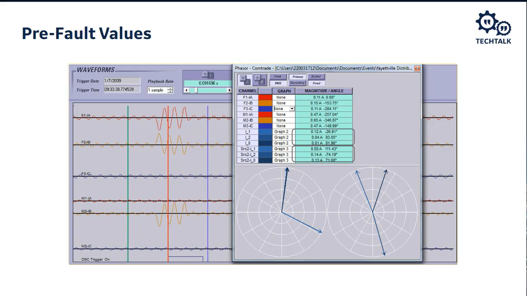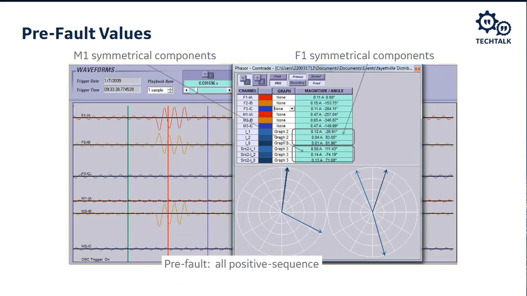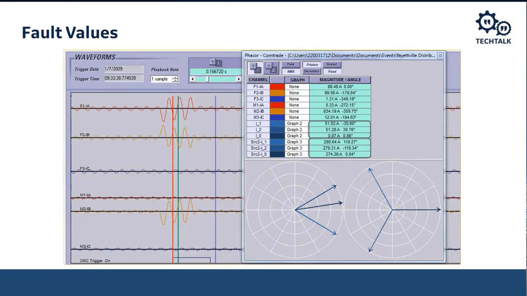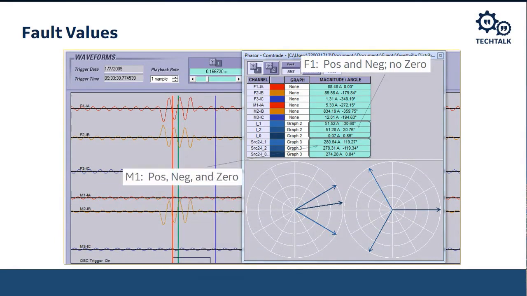Now, during the fault, here's my symmetrical components. During the fault, let me go through my build here this time. During the fault, at F1, what I expect to see is positive sequence quantities, right?